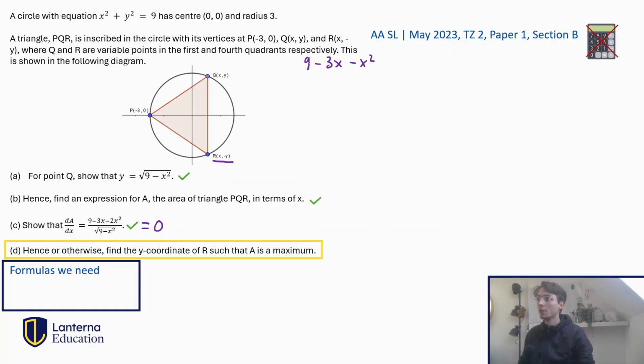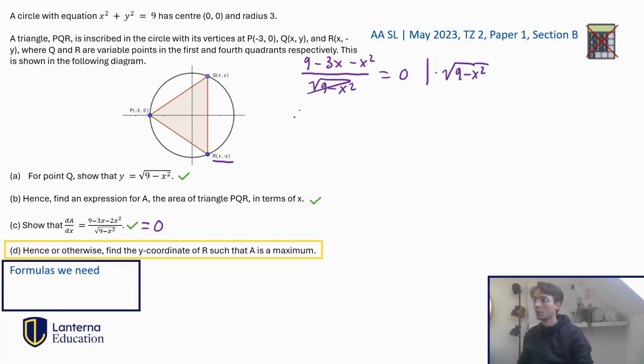So we had the derivative 9 minus x squared divided by the square root of 9 minus x squared. That is equal to 0. Okay, I can do my favorite thing on planet Earth right here. If I've got a fraction equal to 0, then I know I can just remove the bottom bit. Because if I multiply both sides to get rid of the fraction by the square root of 9 minus x squared, then I've got 0 times that, which just disappears.